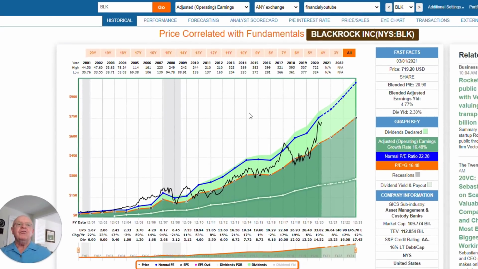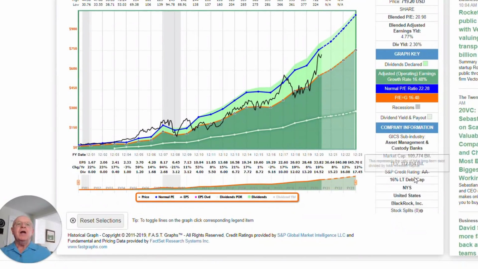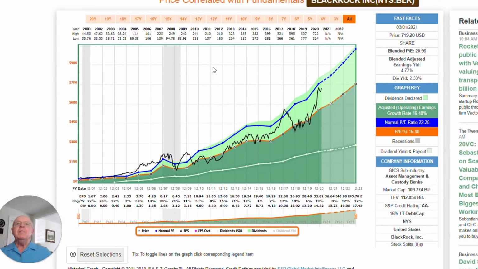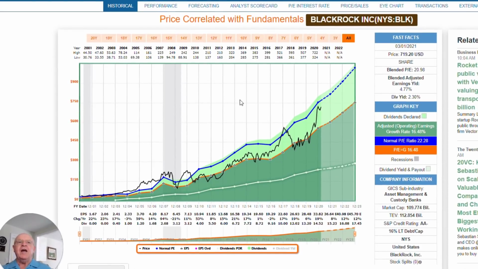BlackRock is one of the largest, solid, AA-rated, low debt, quality money managers on the planet. Again, another asset management and custodian, one of the biggest in the world, run by a bunch of really smart people. You can see that the stock price has tracked earnings. The growth rate has been 16.5% over the last 20 years.